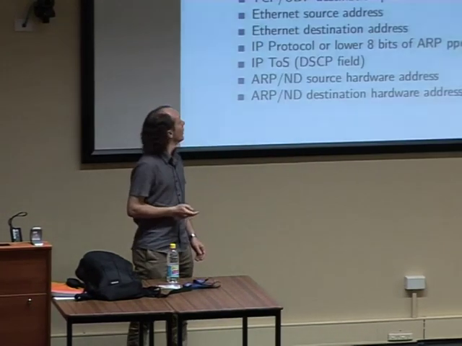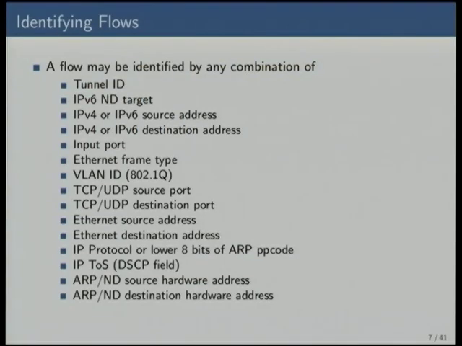And packets are forwarded on the basis of flows. If we think of a very simple switch, a flow will be defined by the source and destination MAC address. Flows may be defined by any of these things.